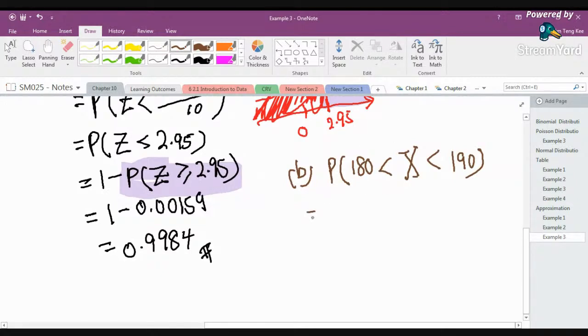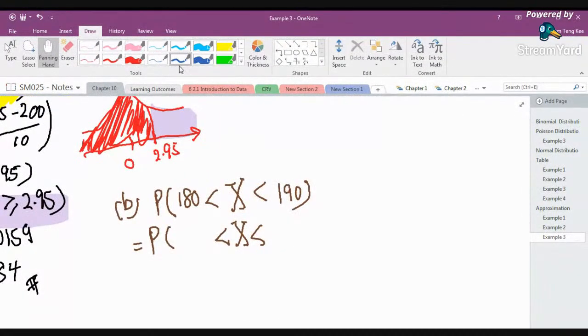Next, before I go for standardization, I need to do continuity correction. Let's have a quick look at what coverage we need here. Here is 180, here is 190.